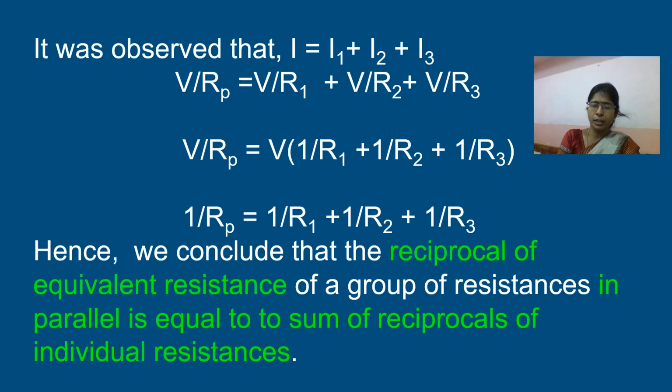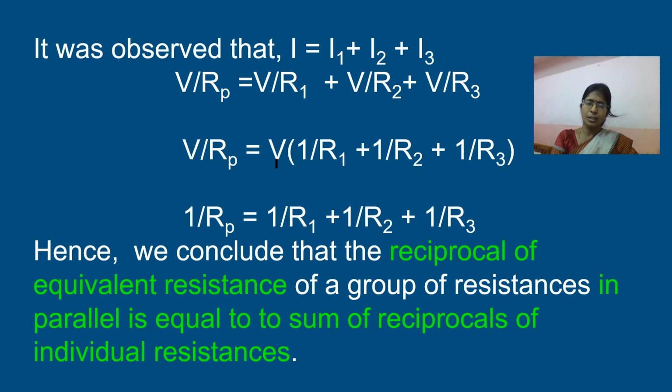Substituting these values in the first equation, we get V by Rp is equal to V by R1 plus V by R2 plus V by R3. Taking V common, we get V by Rp is equal to V into 1 by R1 plus 1 by R2 plus 1 by R3. Cancelling V on both sides, we get 1 by Rp is equal to 1 by R1 plus 1 by R2 plus 1 by R3.